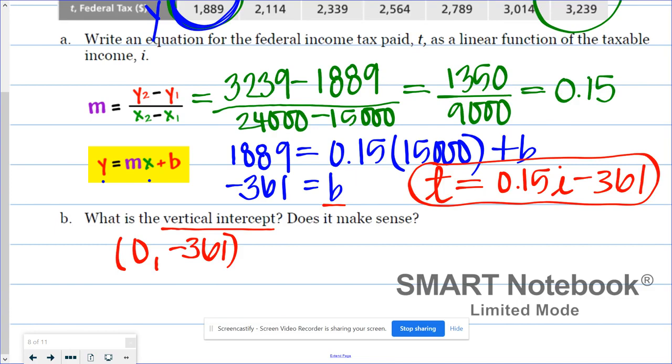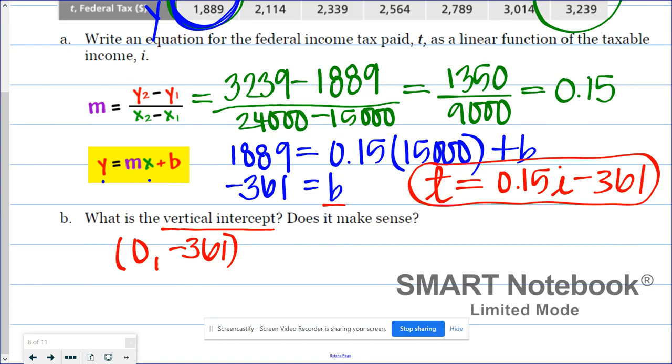It seems strange that if you don't have an income that you would be receiving money from the federal government when you do your taxes, because generally when you do taxes, you're getting back money that you've already paid. You would not get money back at tax time if you haven't paid any money into the system. And how can a dollar amount be negative in this scenario? So it doesn't make any sense at all.